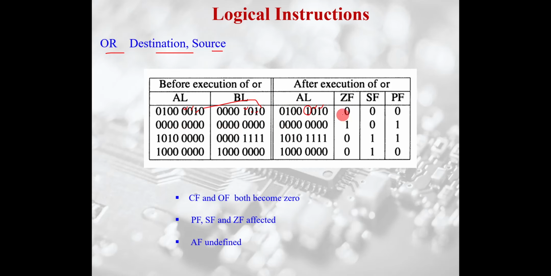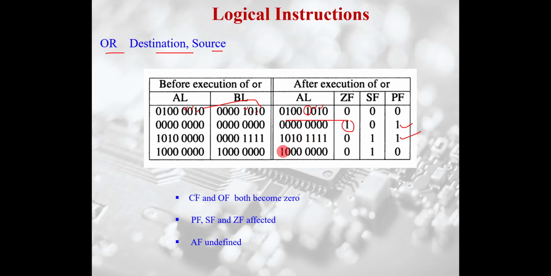Accordingly, if you see here, everything is 0, so the zero flag is set here, right? In all the other cases it's not 0. Similarly for parity, here they are all zeros, so it is even parity and it is set here. Here I have 1, 2, 3, 4, 5, 6, so even parity, set here.